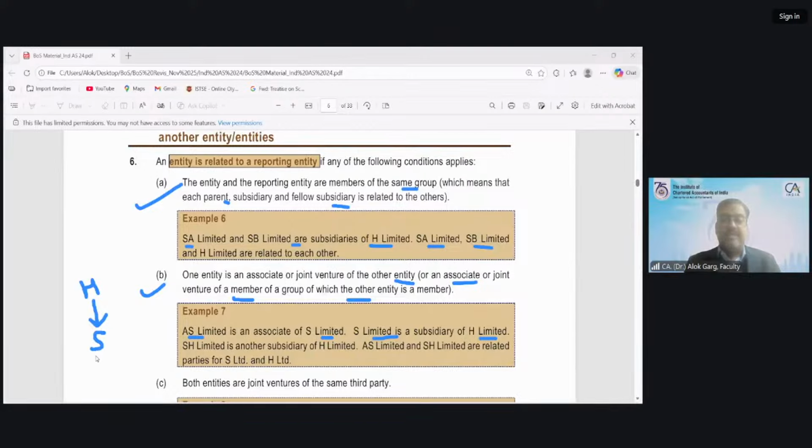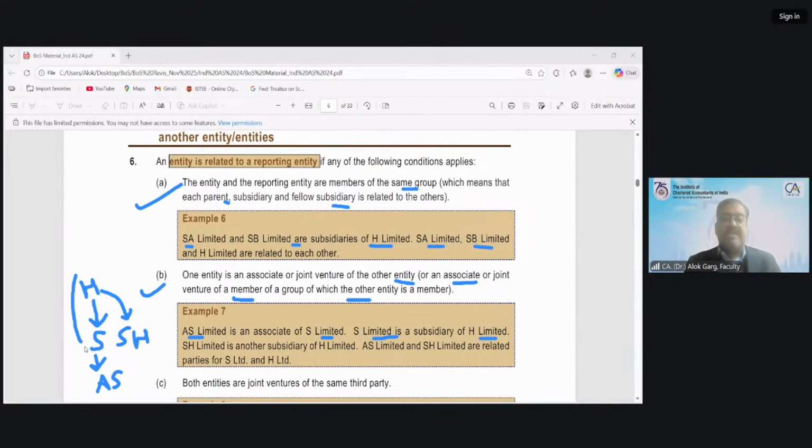And AS is an associate of S, right? This is the hierarchy. In this case, SH Limited is another subsidiary of H Limited. So what is the relationship between S and SH? It's a fellow subsidiary.